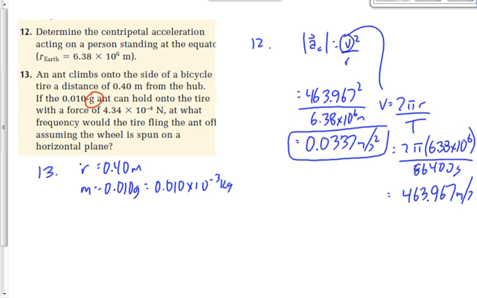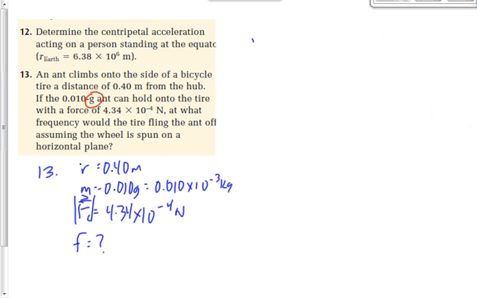The force is 4.34. That's the magnitude of the centripetal force, 4.34 times 10 to the minus 4 newtons. And we want to find the frequency, hey? Ideas? What should we start off doing here? Go ahead.